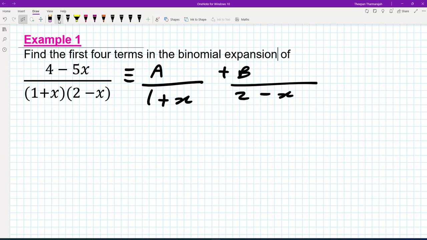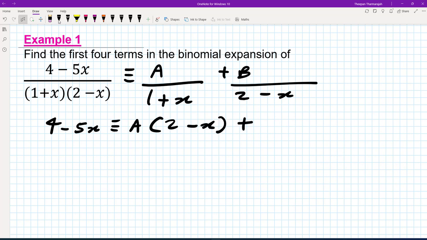So what we do now, we say 4 minus 5x is identical to A times 2 minus x plus B times 1 plus x. So we want to make B equal to 0.